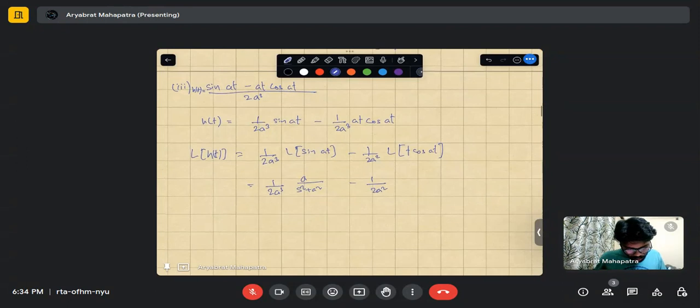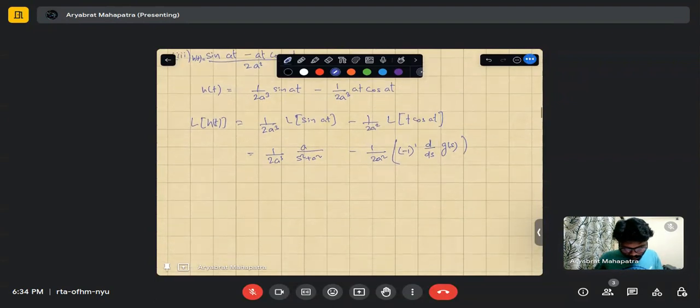So I can write this part as minus 1 to the power 1, since n is 1, then d by ds, only a single derivative, of g of s. So g of s is the Laplace transform of only cos at. Maybe I can show you, so let me write it here.